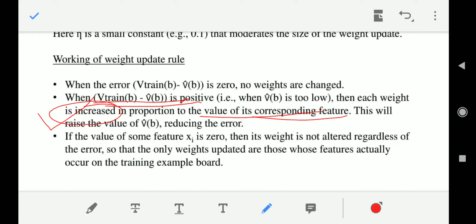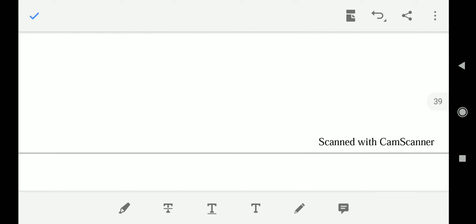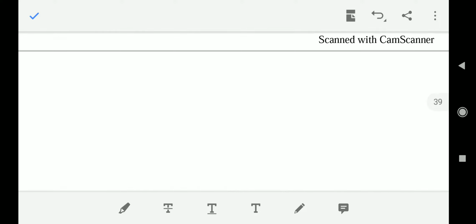If the value is positive, because there is an error, a little error, you need to update your weight so that the error is minimized. If it is 0, there is no need to update or alter the weight.